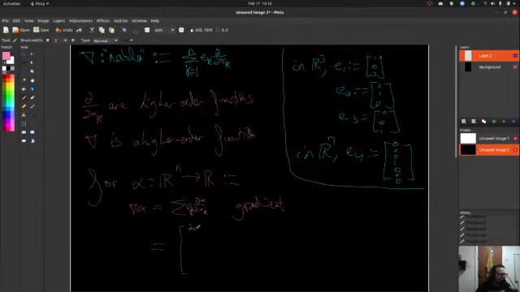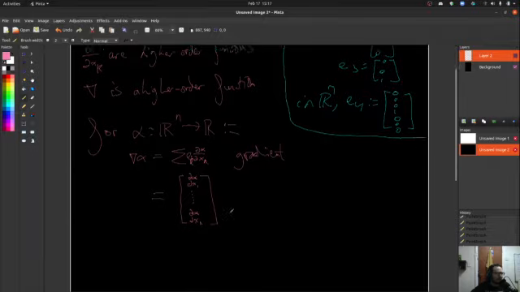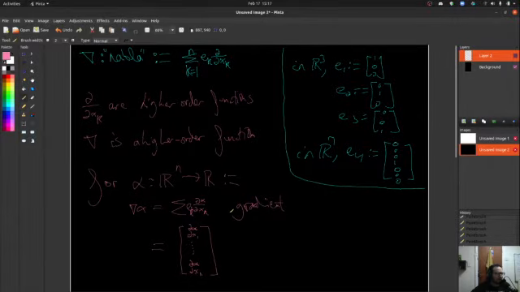This is del alpha del x1 through del alpha del xn. So that's basically the money. That's all you got to do for gradient. If you know how to take partial derivatives, you know how to do gradient.